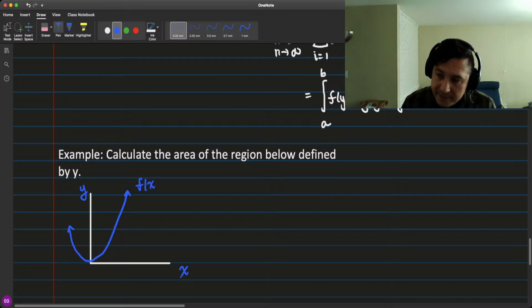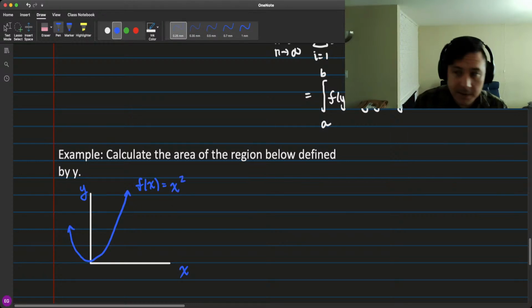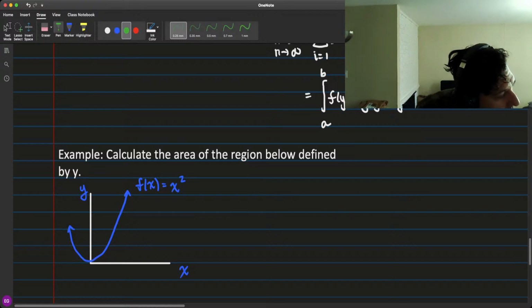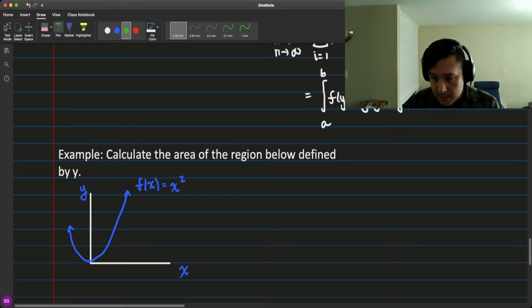This is going to be f of x equals x squared. And I'm also going to have a line, 2 minus x.